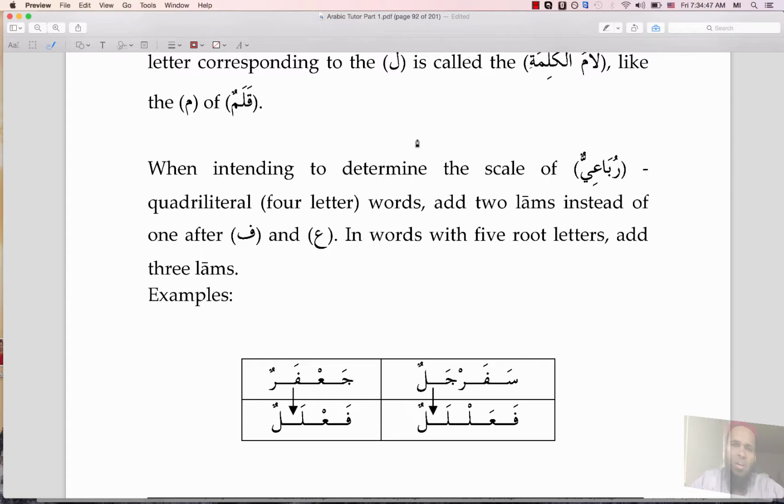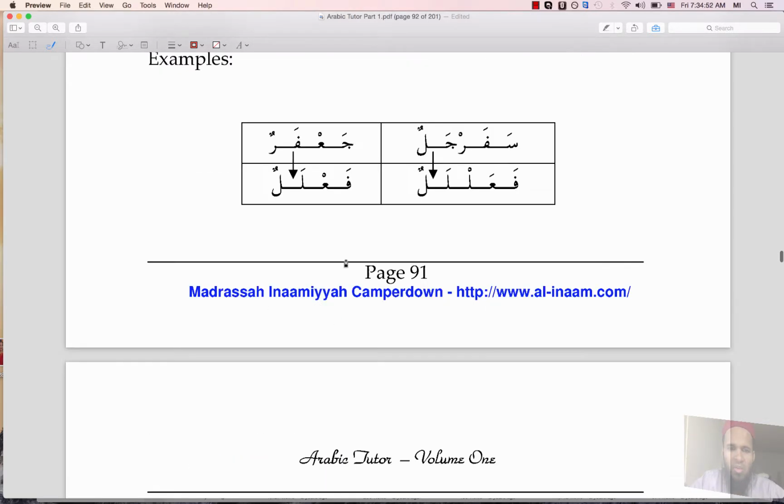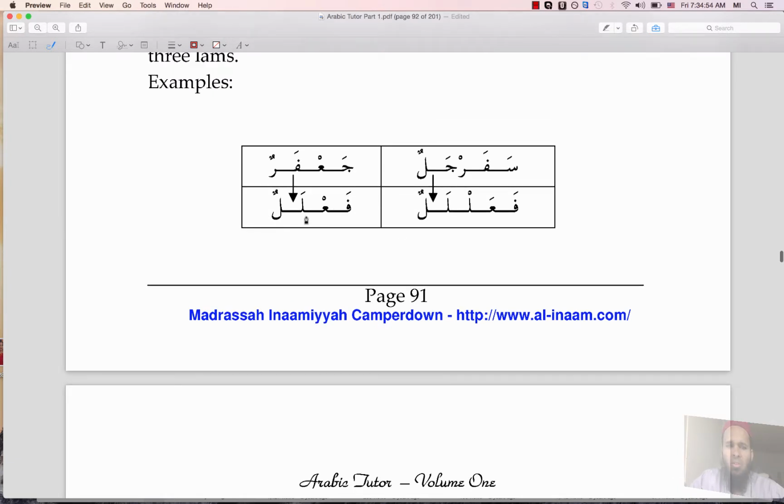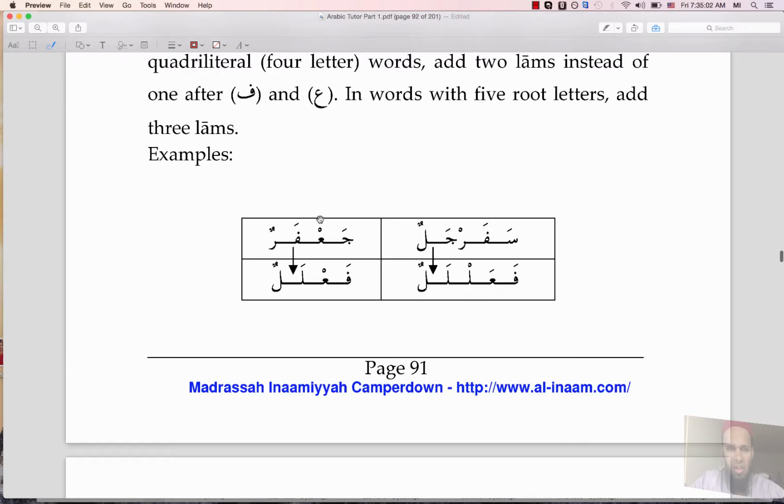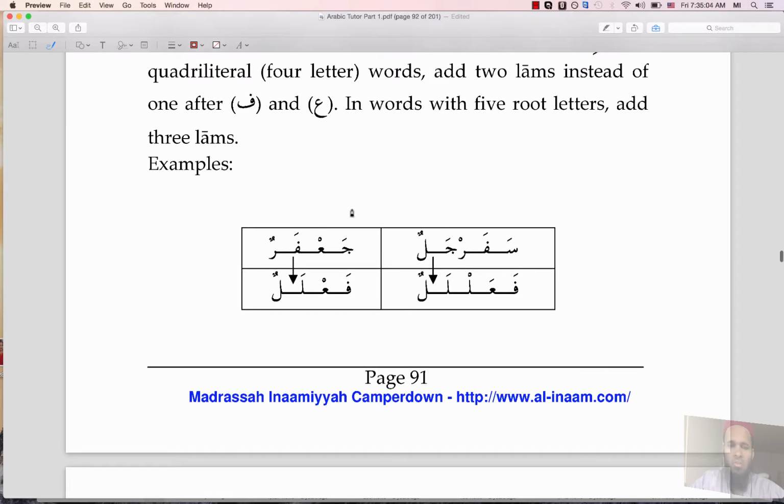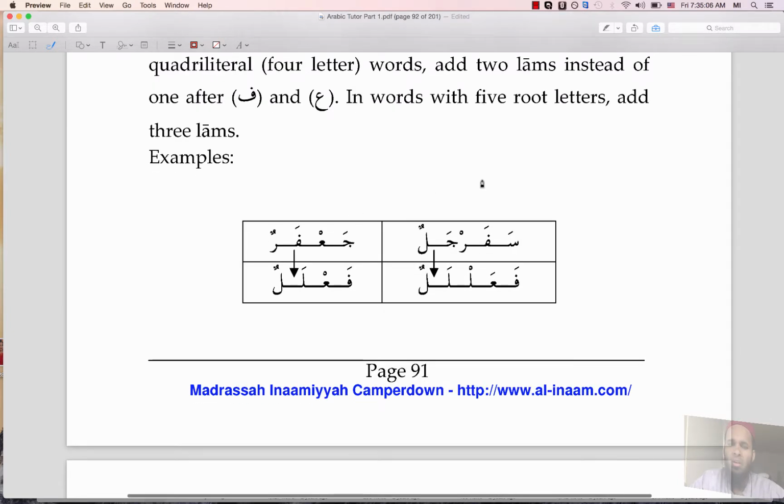So instead of fa'ala, it will be fa'alala. So ja'fara will be fa'alalun. If it's 4, the base is still fa'ala. How do you put the 4? The fourth one, add an extra lam. So fa'alalun, and to scale it up, match it up. Safarjala will be fa'alalun.